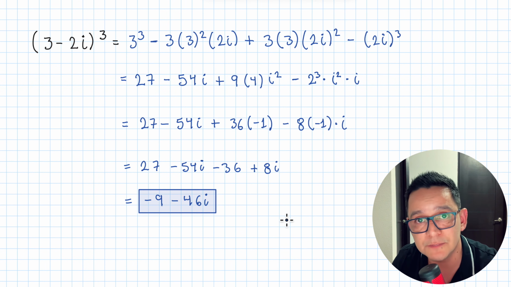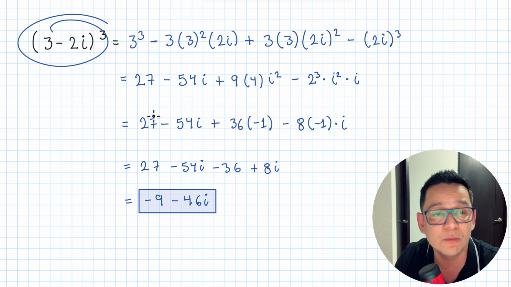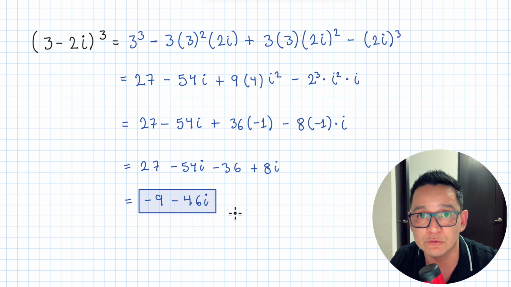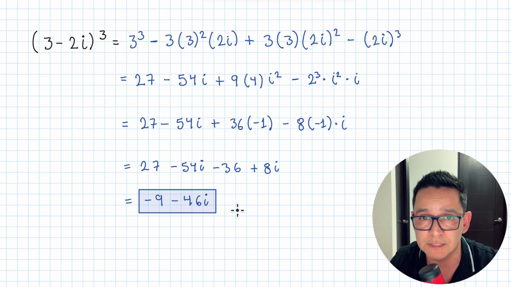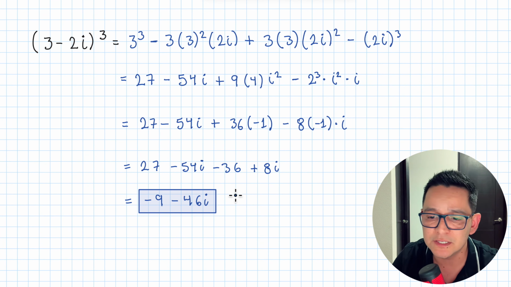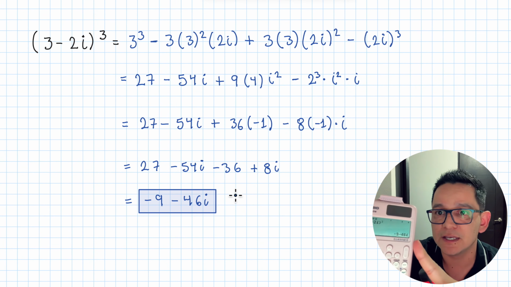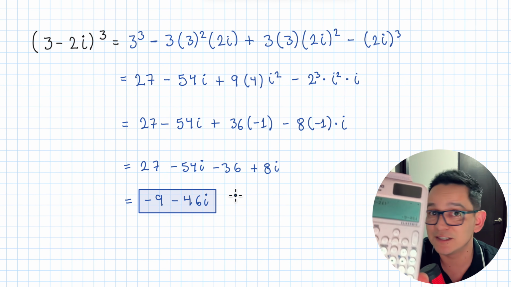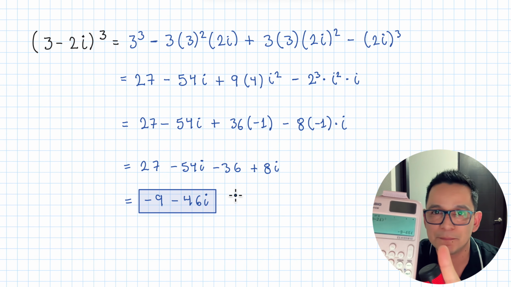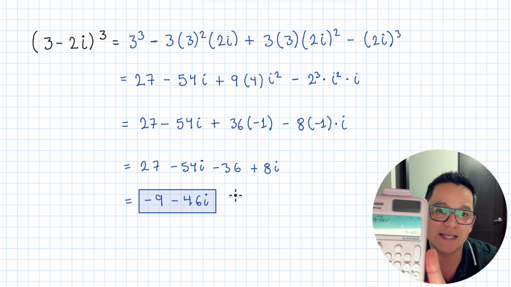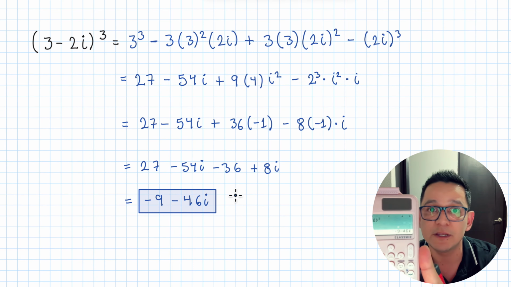That's the complex number that results from raising this other complex number to the third power. I had told you that I had already done this operation directly with this scientific calculator. If you look closely, you'll notice that it also shows -9 minus 46i.